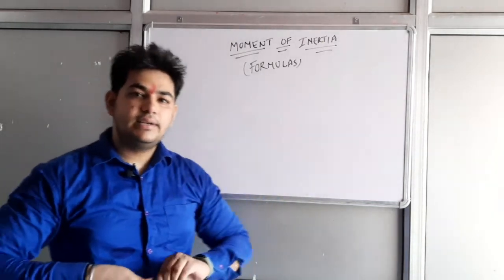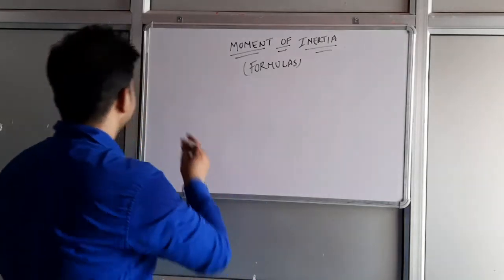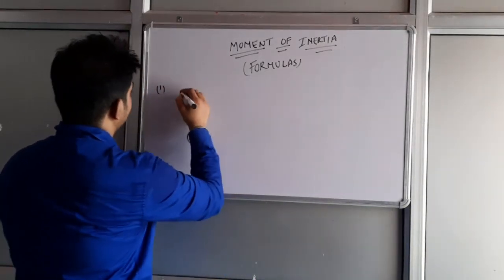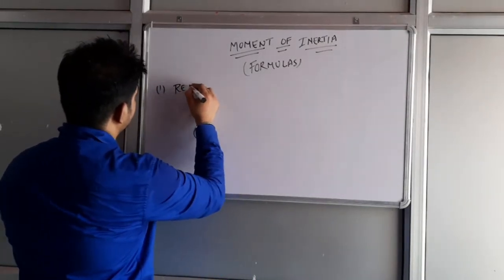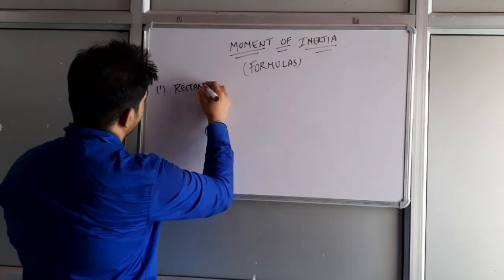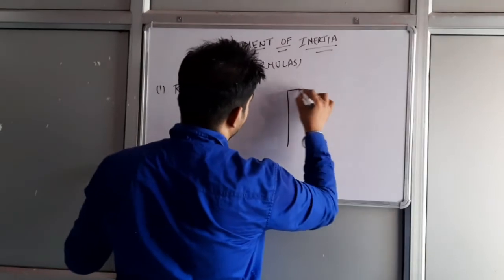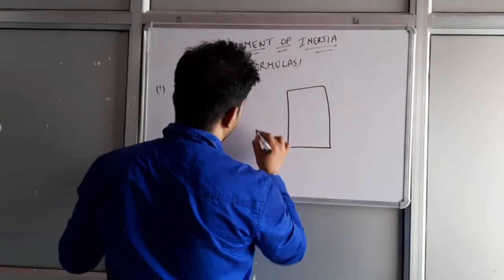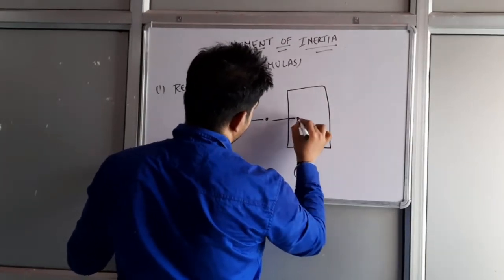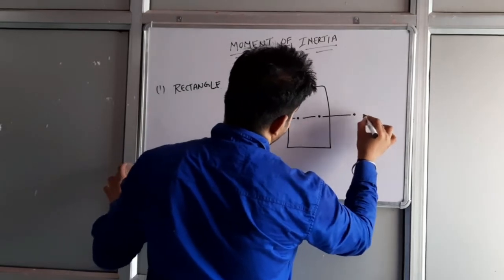The first one is rectangle. So let us draw a figure. This is x-axis.